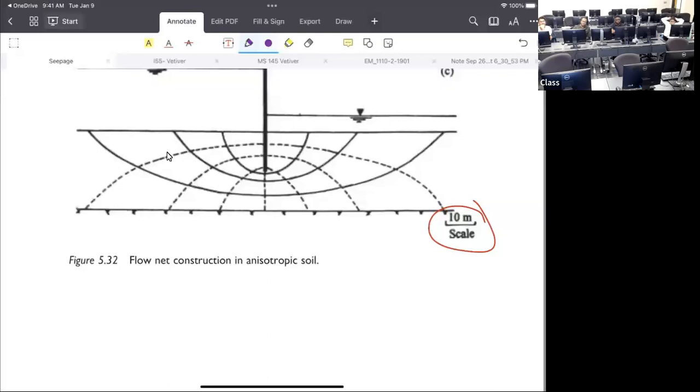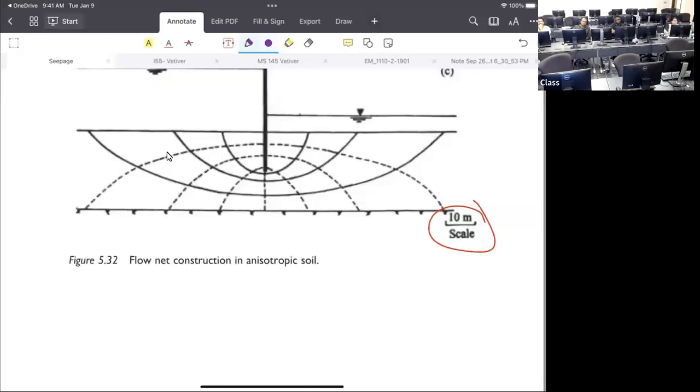When you calculate the flow, Q equals K H times Nf over Nd, right? The K in that has to be calculated based on this. So one problem covers everything that you have done in all the homework problems.